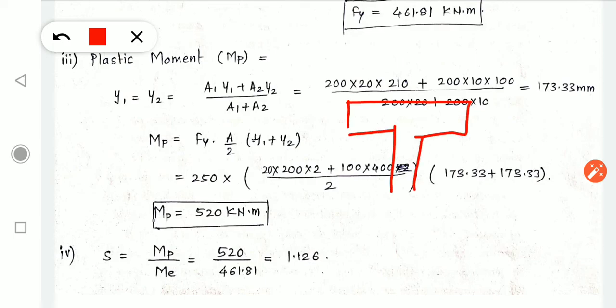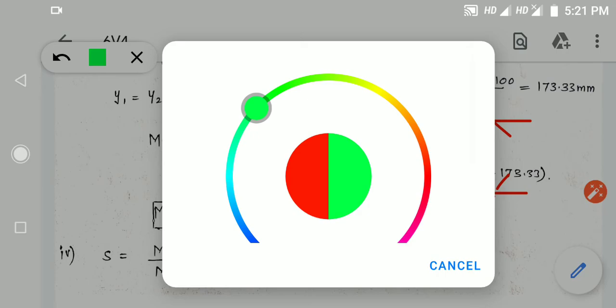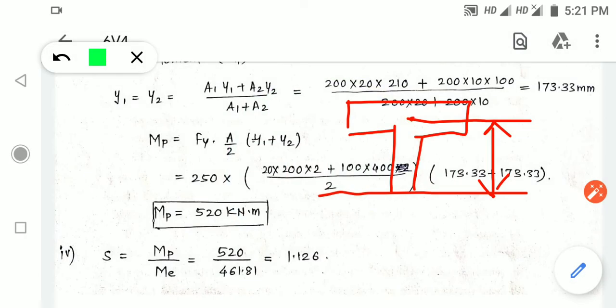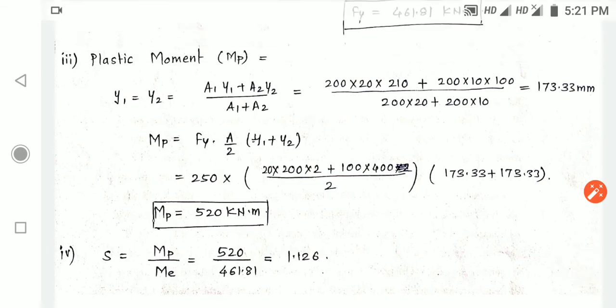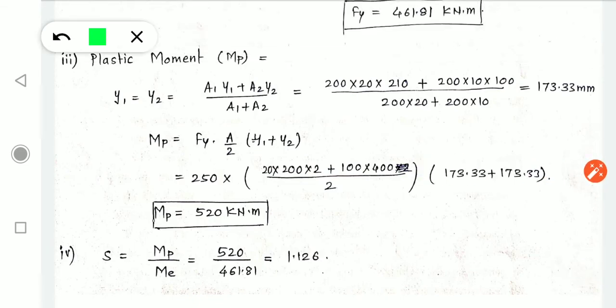This is your I section, right? This is your neutral axis, and you want y from this centroid to this. Now you want y for this section, and how to calculate it? We will consider the formula a1 y1 plus a2 y2 divided by a1 plus a2. Now we are doing it for an unsymmetrical section.